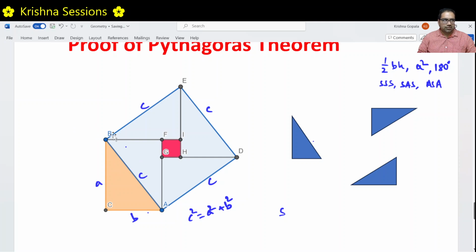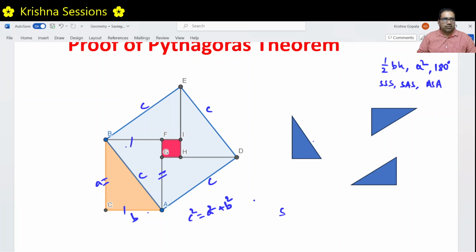What does that mean? This entire piece is a rectangle, and this entire piece is a rectangle. That means BF is equal to AC. This part is equal to this part, right? So this line is equal to this line is equal to this line.